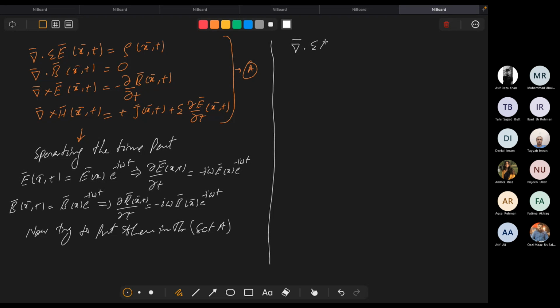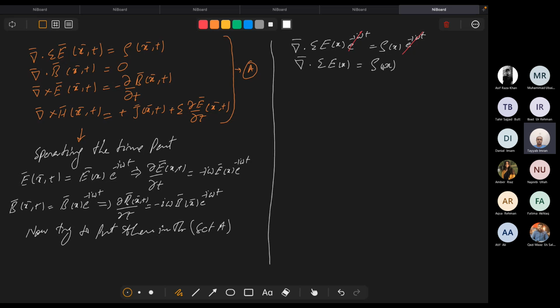Here, in place of E, we have put the ones where we separated the time components, like this, and here also the time part is separated. So in this case, which is obvious, this one and this one will go away, and you have an equation here like this.